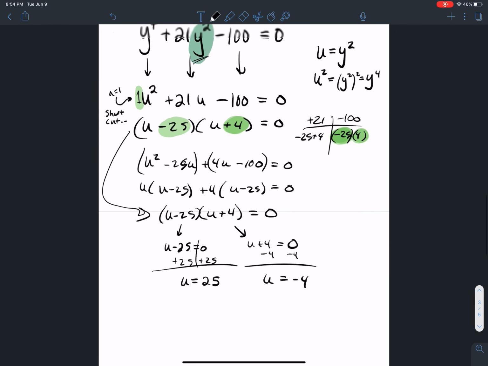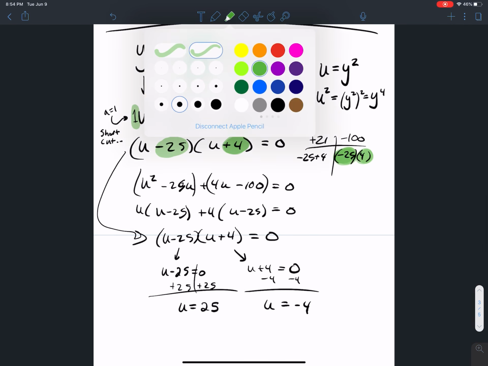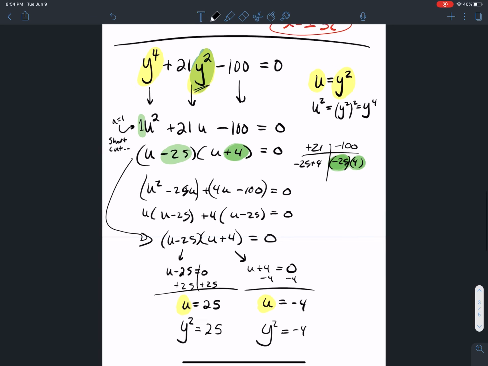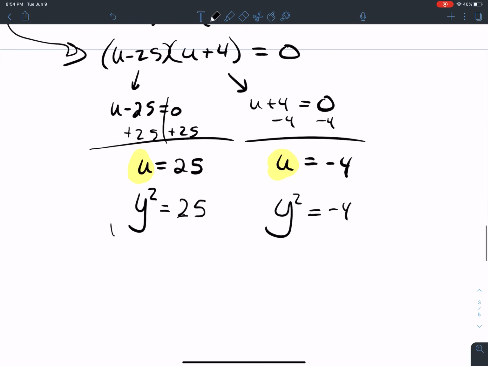But once again, our problem started in terms of y. So we need to finish in terms of y, and u is equal to y squared. So I'm going to replace u with y squared, and y squared here, and then I'm going to solve for y by taking the square root, and when I square root, I get a plus or minus.